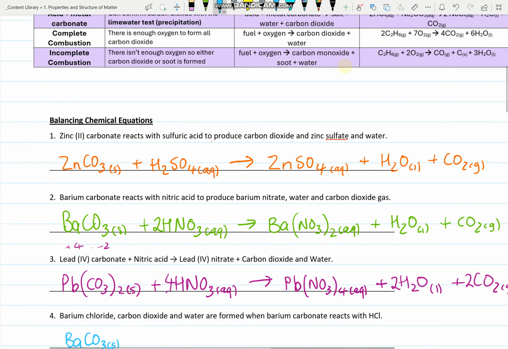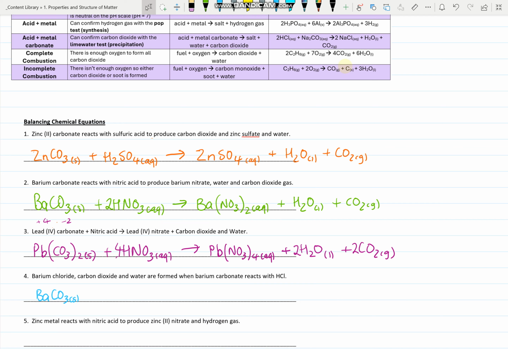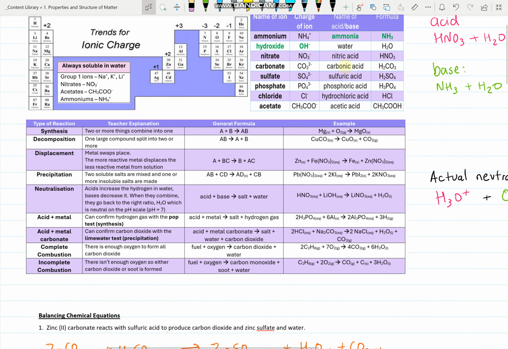If you're wondering how, as a student or a learner, you know that it's solid or aqueous, for instance, I've always found this is my best guide. So if I see something paired with a group 1 ion, like sodium, potassium, or lithium, no matter what it's paired with, it will always be aqueous.